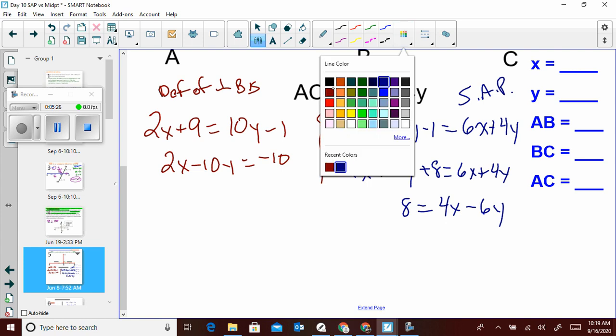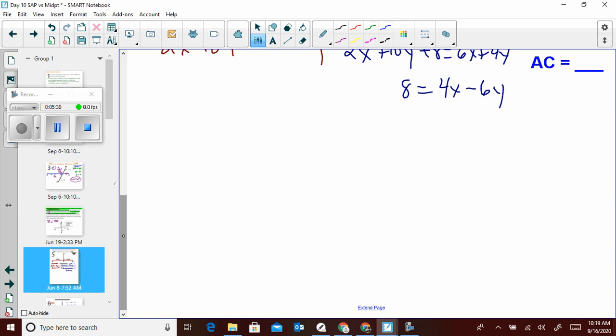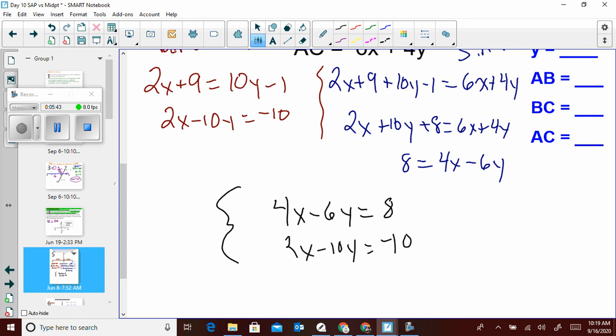I'm going to create them into a system. 4x minus 6y is 8. 2x minus 10y is negative 10. That is my system.